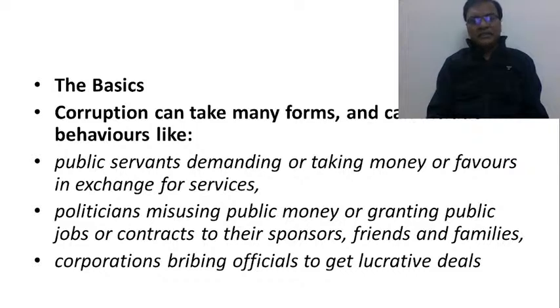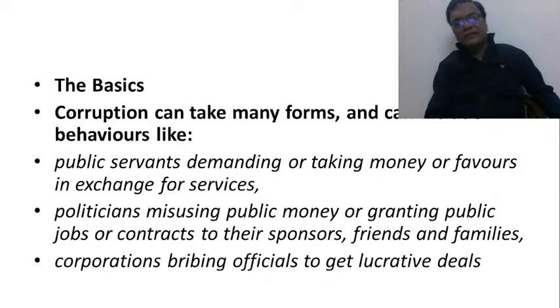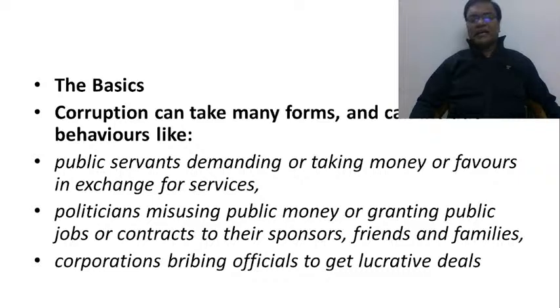Next, politicians misusing public money or granting public jobs or contracts to their sponsors, friends, and families. That is what we find in India. You take any government scheme, any program, public money will be misused. And contracts, maximum amount of corruption in India is through contracts.